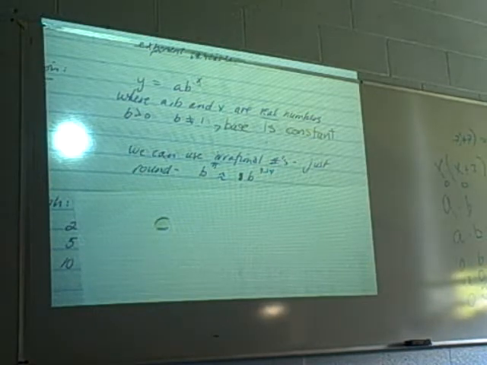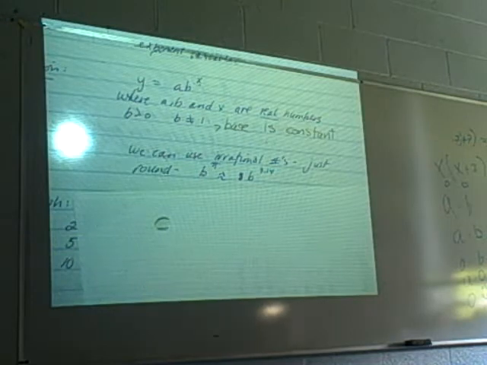Where y equals a b to the x, where a, b, and x are real numbers. Okay, and that's just by definition, and we'll look at it in a few minutes why that is. b has to be greater than 0. b does not equal 1. And the base is constant. Okay, so it's a number.